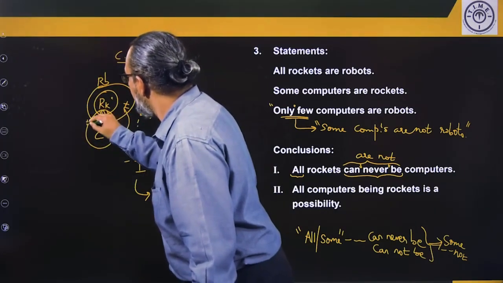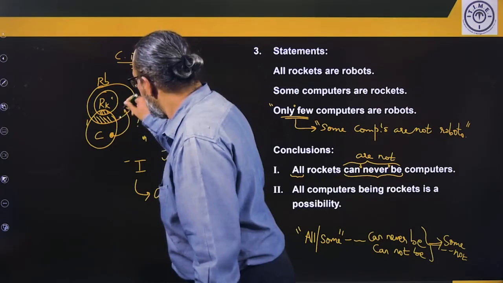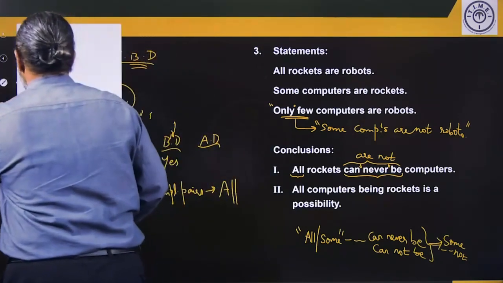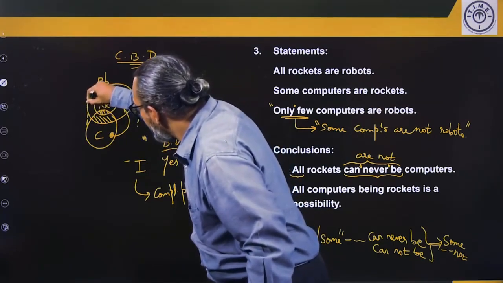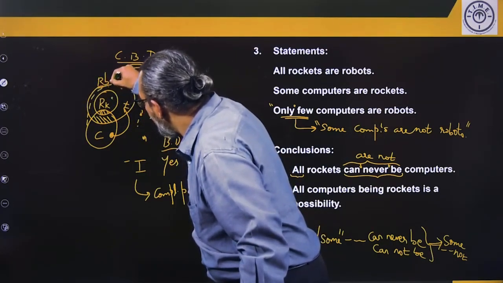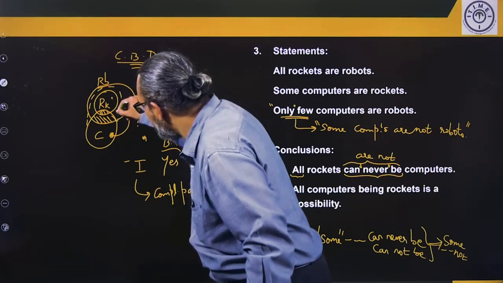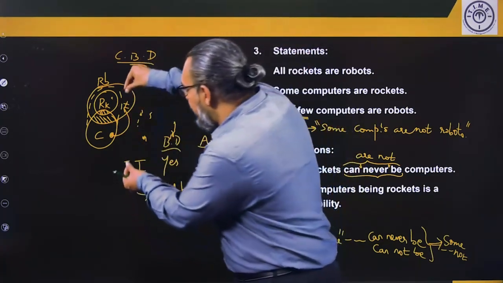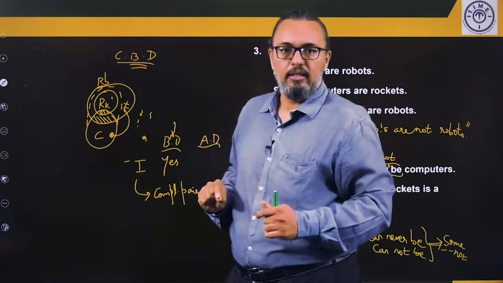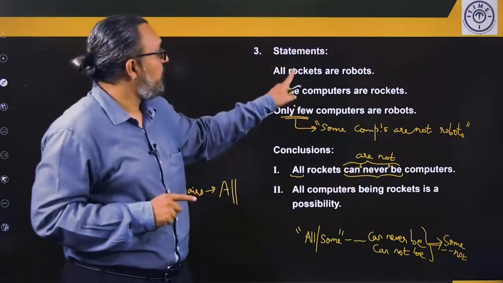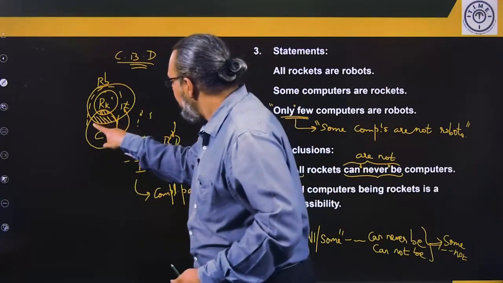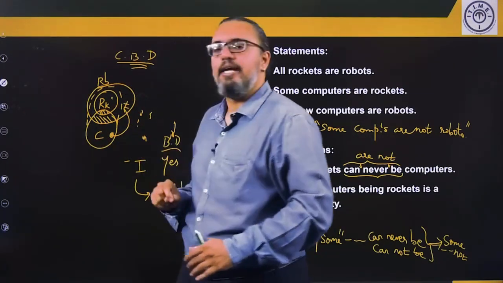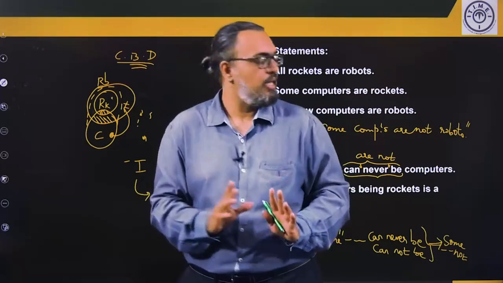Imagine I am just pulling the boundary of the C circle. What is my original relation of the C circle? Some computers are rockets. Yes. You already have all rockets inside computers. So, some computers are rockets is satisfied.